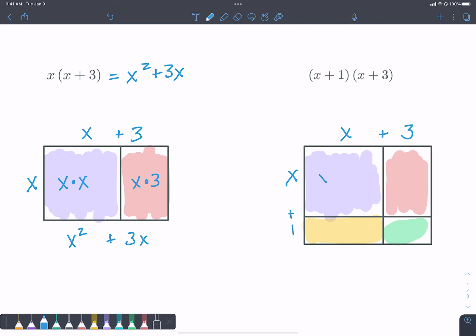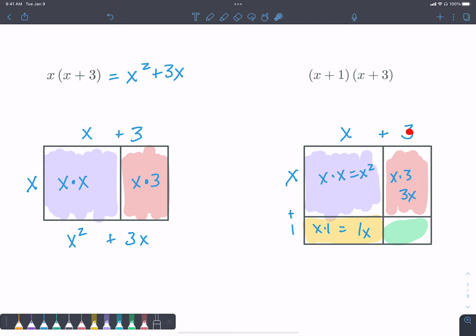So let's start. X times x is going to be x squared. X times 3 is going to be 3x. X times 1, for this piece, is 1x.